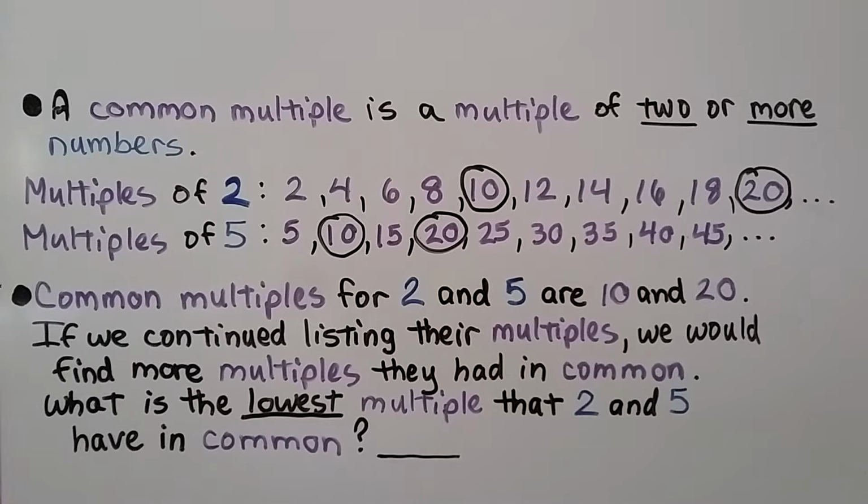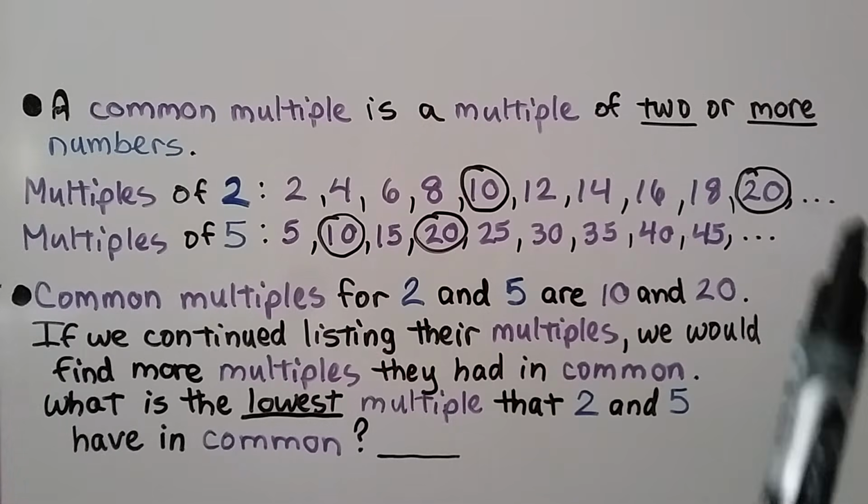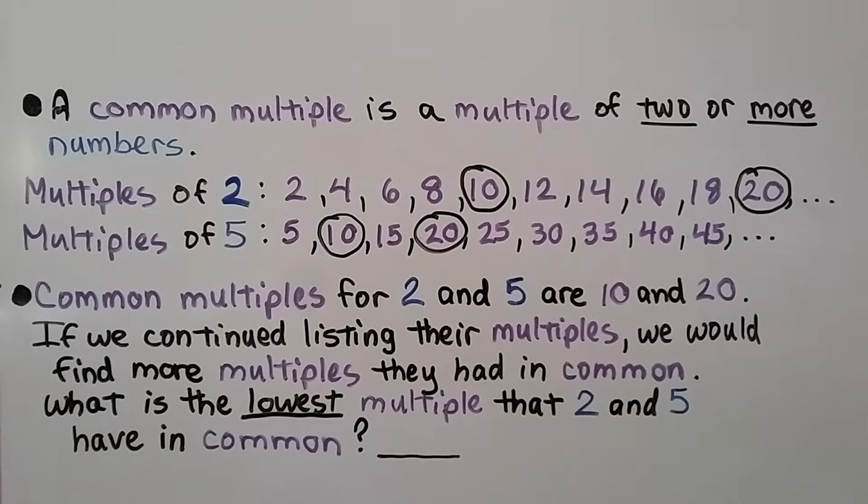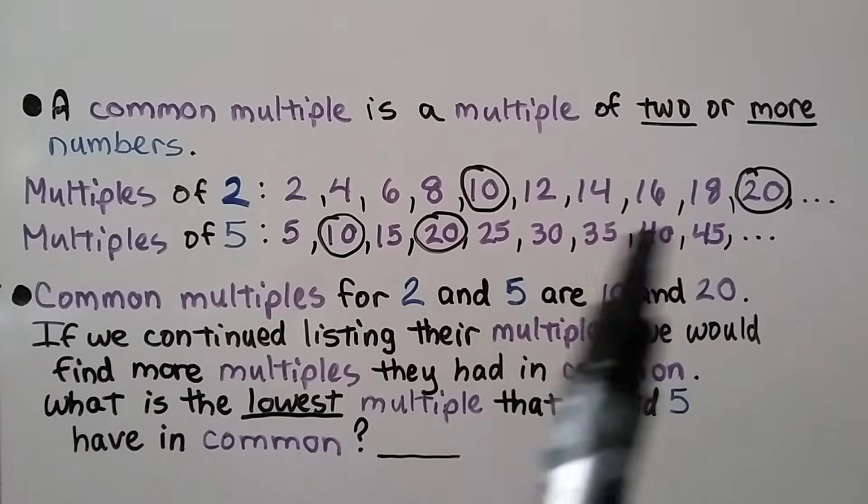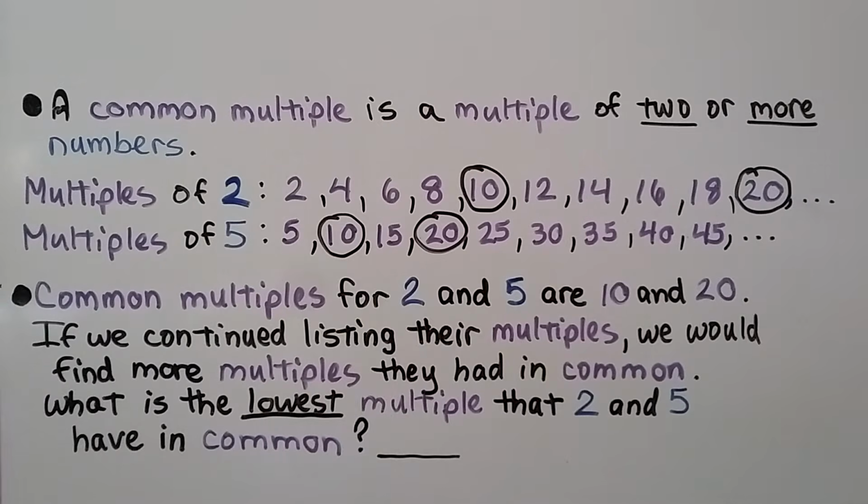And if we kept going, we would find more multiples that they had in common. So what is the lowest multiple that 2 and 5 have in common? We see they have a 10 and a 20 in common. The lowest one would be the 10. 10 is the lowest common multiple for 2 and 5.